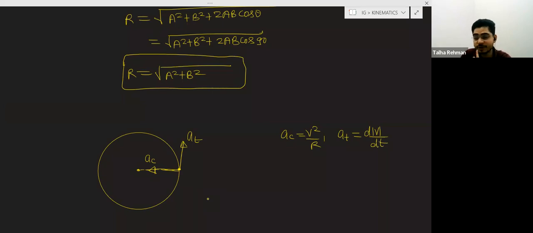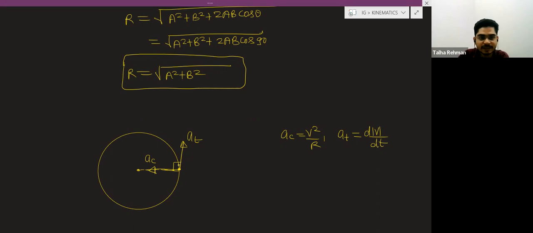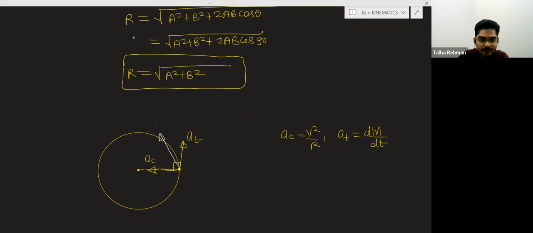And see, what was the case here? Two vectors acting at a 90 degree angle, because I have told you acceleration is a vector quantity. So here two vectors are acting at 90 degrees, then we can find their resultant, suppose the net acceleration is the resultant acceleration.